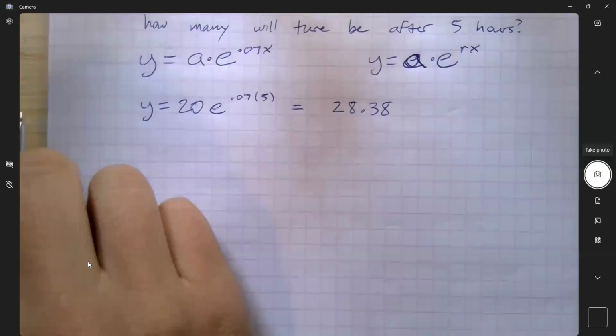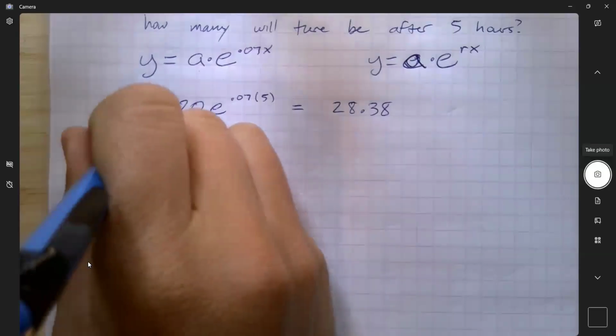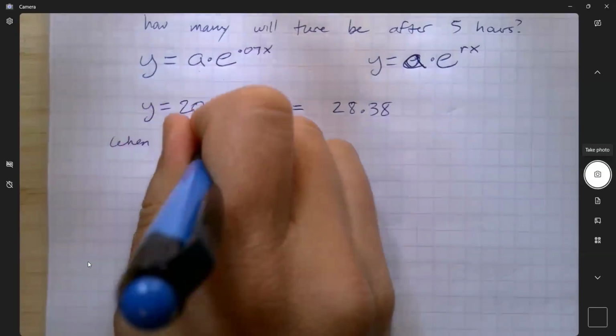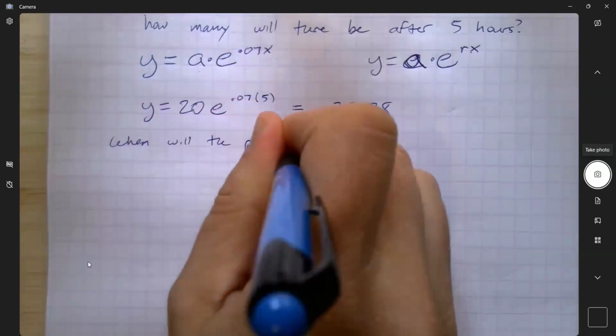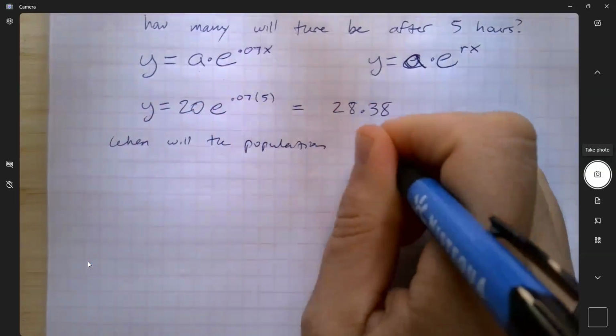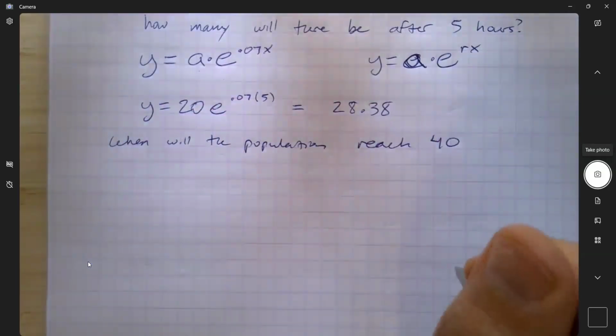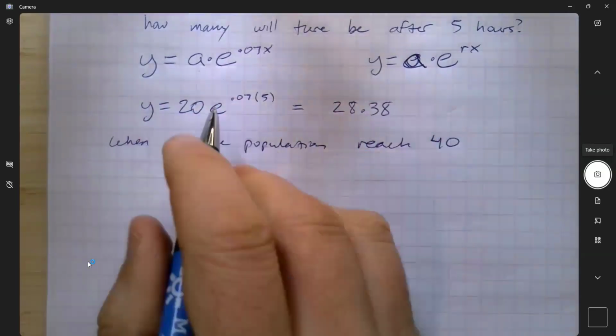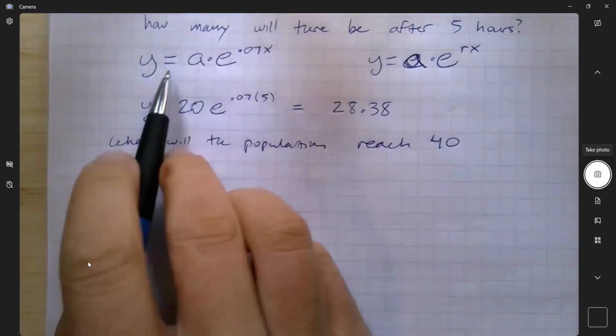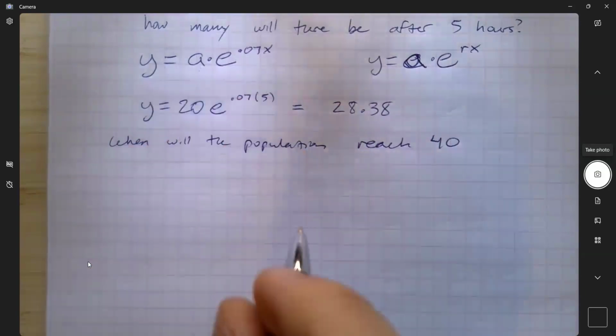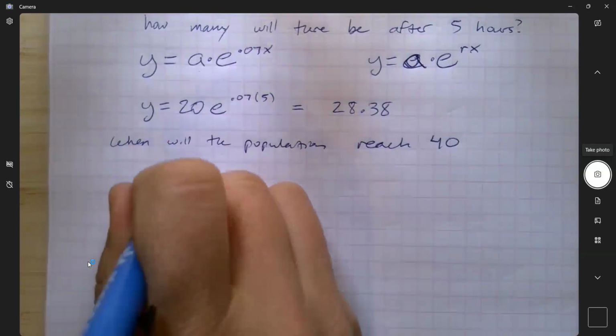I could also say, when will the population reach 40? So I still have my equation, y equals A times e to the Rx.